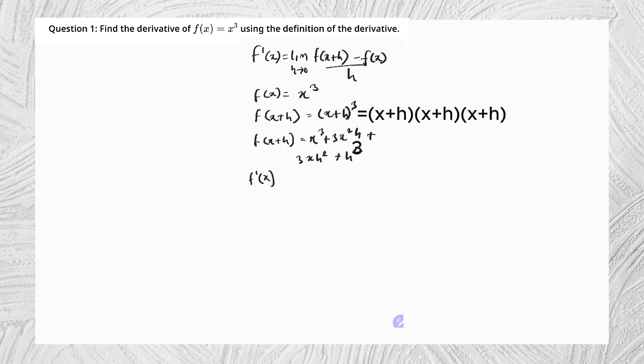Next, you substitute the value of f of x plus h and f of x equals x cubed into the definition. And that will give you x cubed plus 3x squared h plus 3xh squared plus h cubed minus x cubed divided by h as h tends to 0.